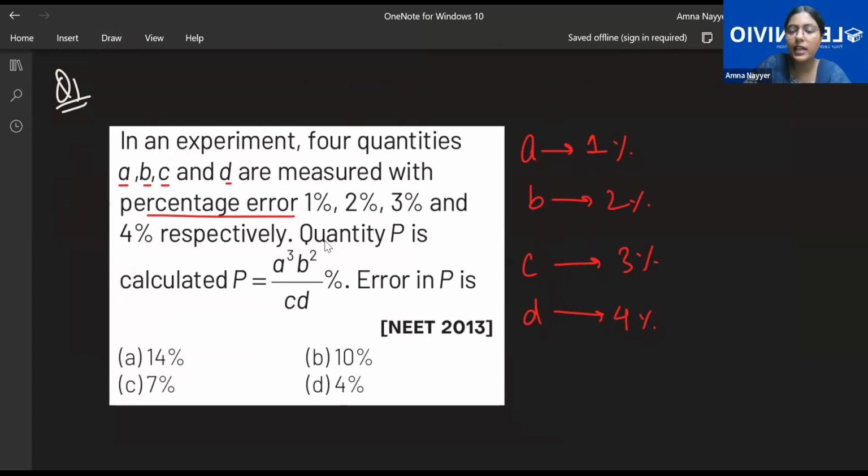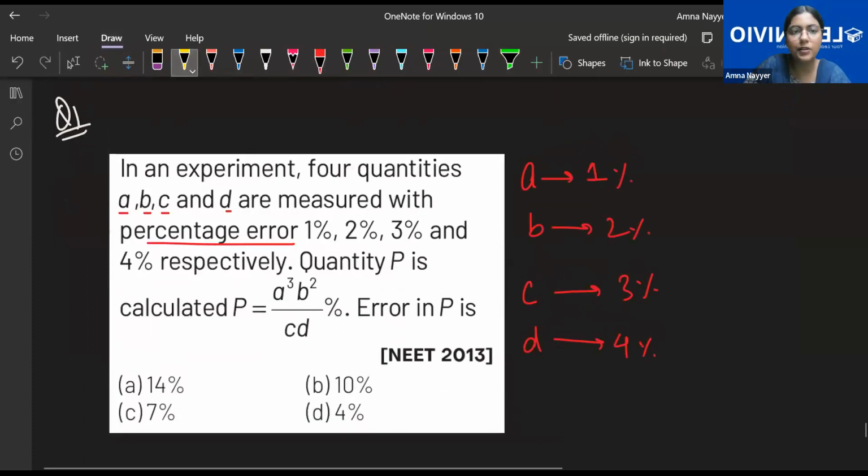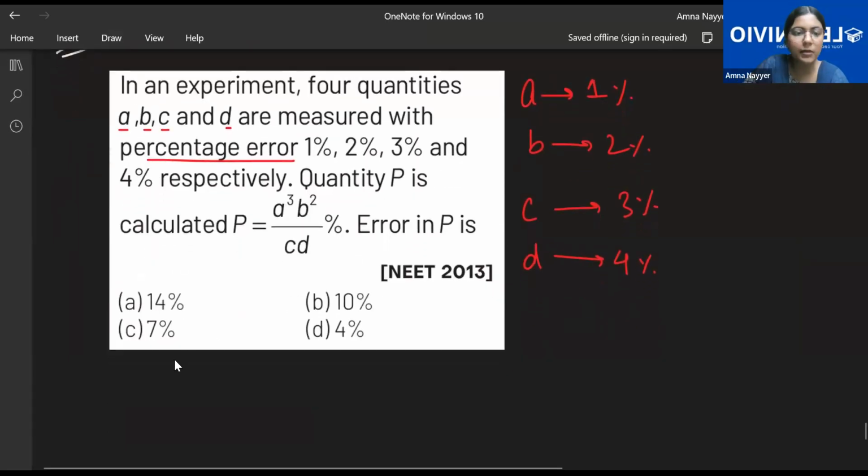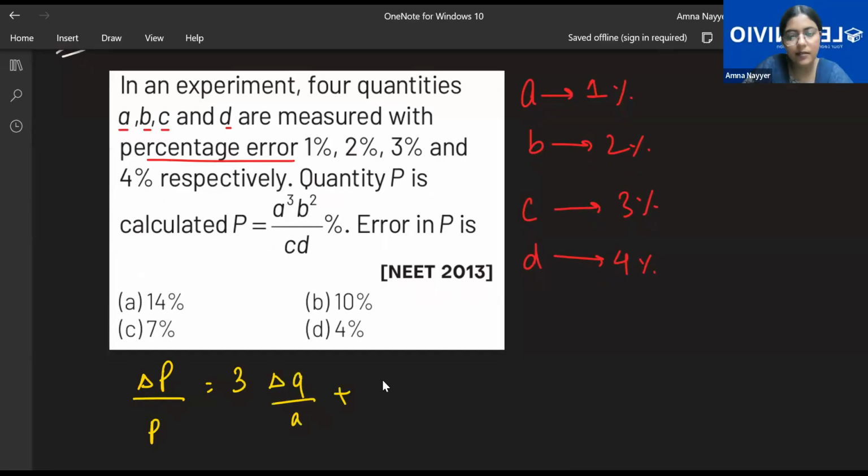And the quantity, how it is calculated, the formula is given. So Maha, tell me, how should I write delta P by P? Equals 3 into delta A by A, yes, plus 2 delta B by B, yes, plus delta C by C plus delta D by D.